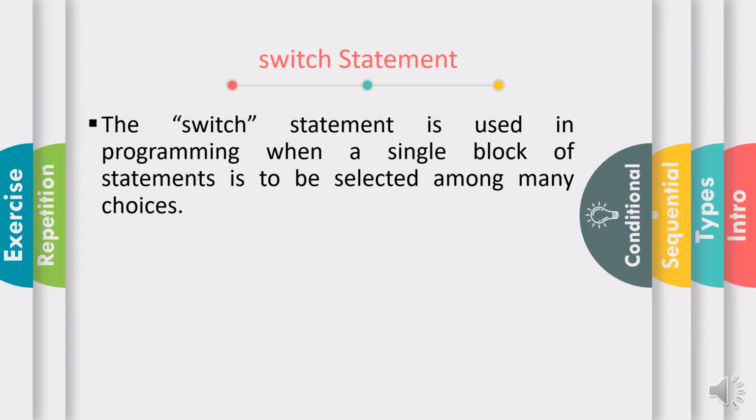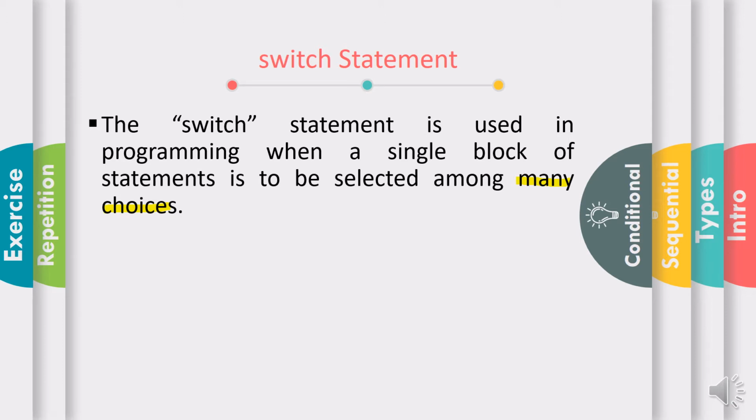The switch statement is used in programming when a single block of statements is to be selected among many choices. It means that we are having more than two choices. To implement more than two choices, we use switch statement. Switch statement has its own specific syntax and its own purpose.